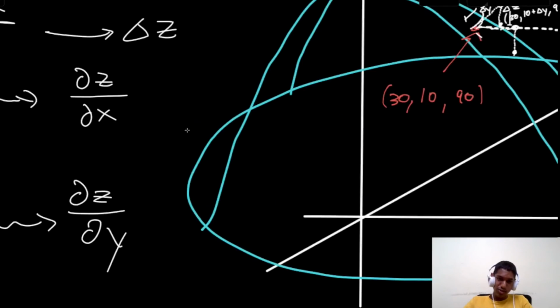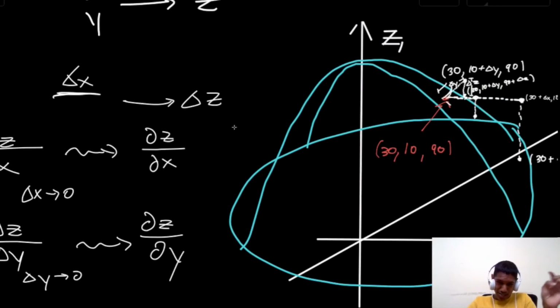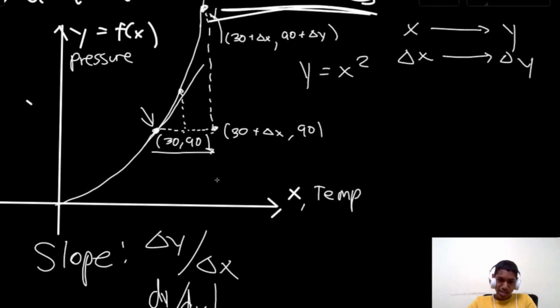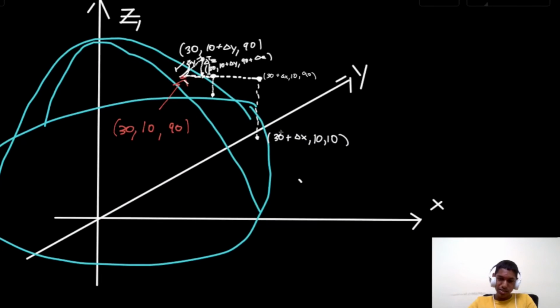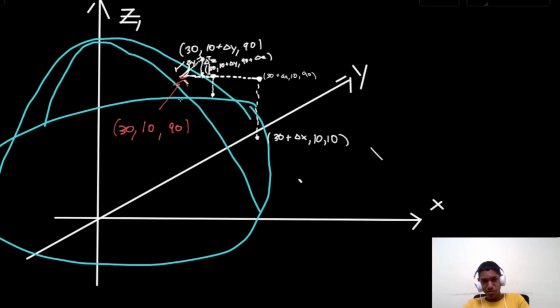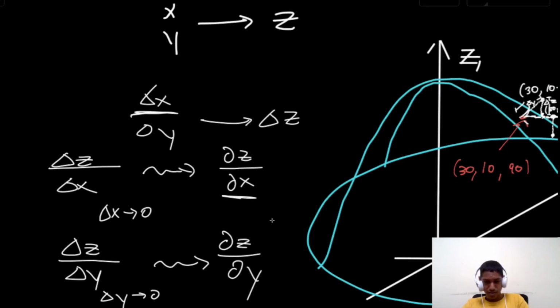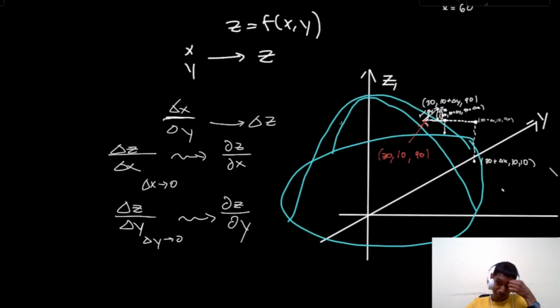Well, this weird d symbol, as I mentioned earlier, because X isn't the only thing that can change Z anymore. Like back here, the only way to change Y was to change X. But over here in this three-dimensional case, you could change X, and then that gets you higher or lower on the hill, or you could change Y. So there's different ways to change Z, and so there has to be different derivatives to account for that. So that's why you call it a partial derivative.